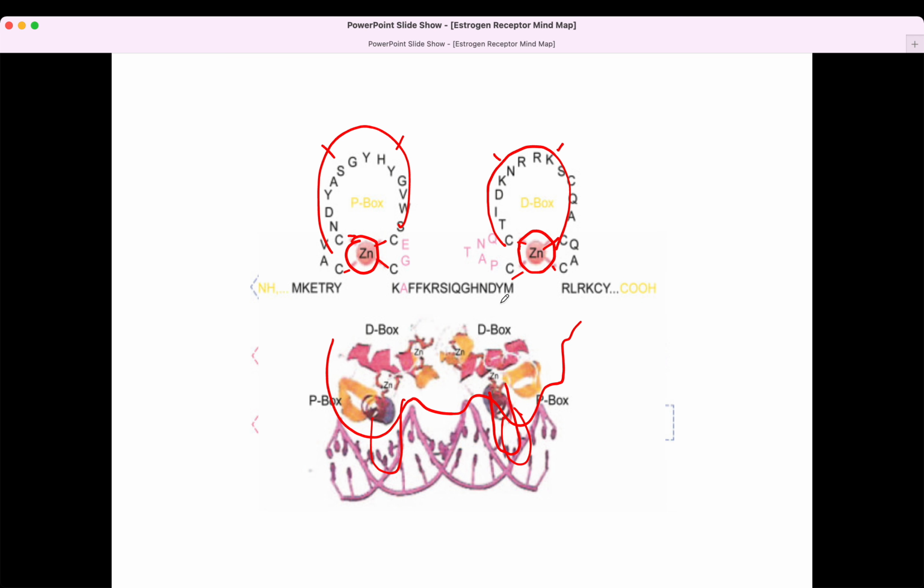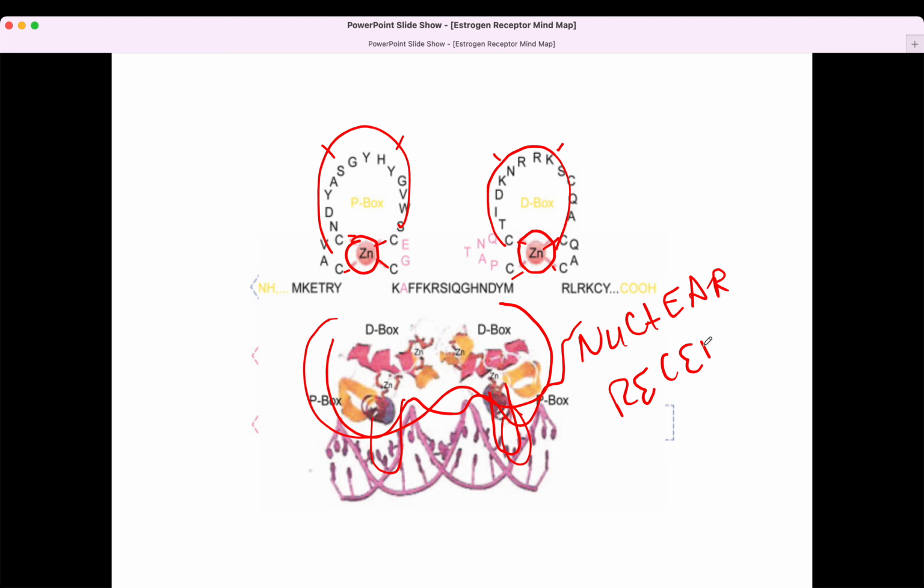Scientists have found that the DNA binding domain of different transcription factors, which there are hundreds and hundreds of them, often fit into some categories. And so all nuclear receptors, and there are other transcription factors that have this feature too, all nuclear receptors on Earth have a DNA binding domain that includes coordinating zinc atoms.